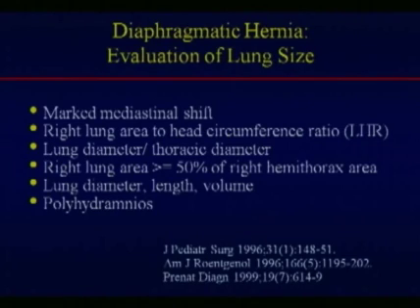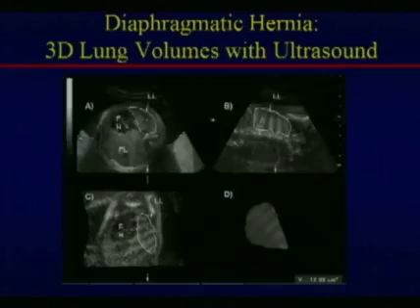So it can be quite difficult, and a variety of ways have been attempted. Not surprisingly, the thoracic circumference itself doesn't work very well. The one method that has been suggested and seems to be standing the test of time, well, there's really two methods.